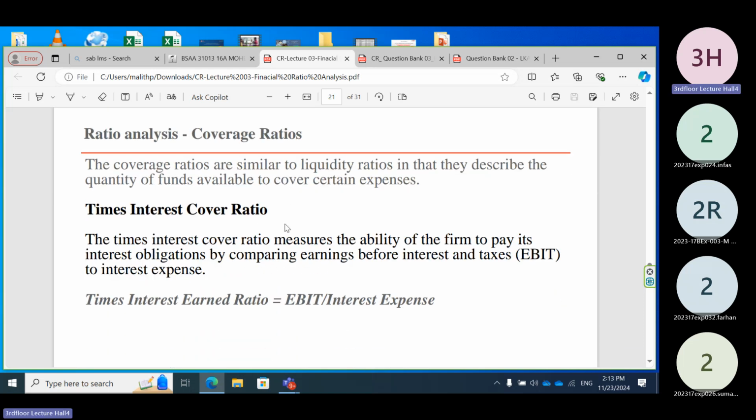So then here we have another very important ratio, the interest cover ratio. As an investor, they are earning interest for their capital, for their loan balance.